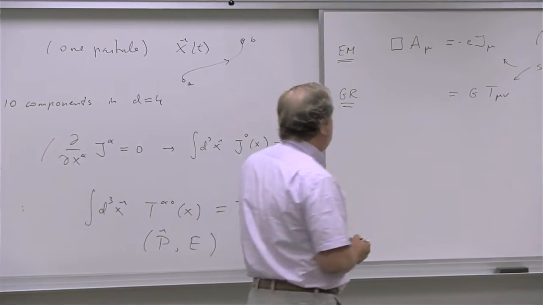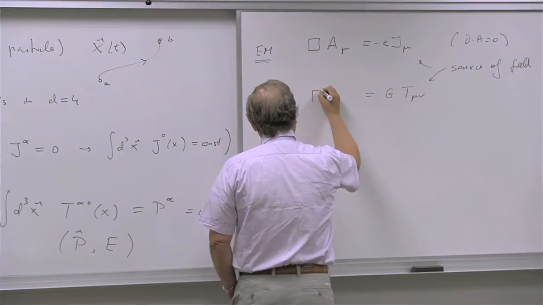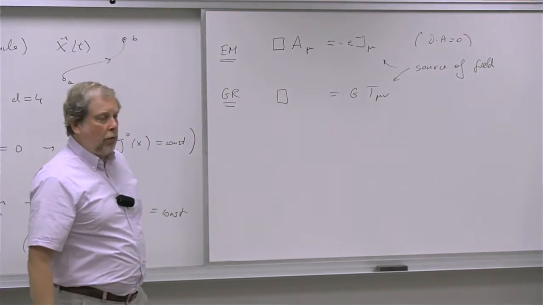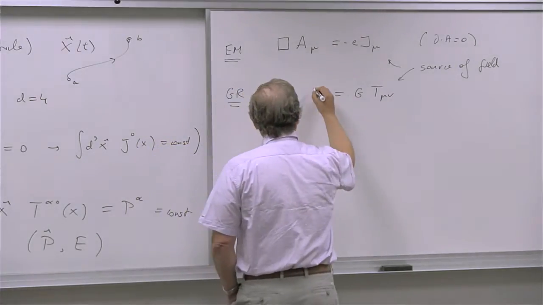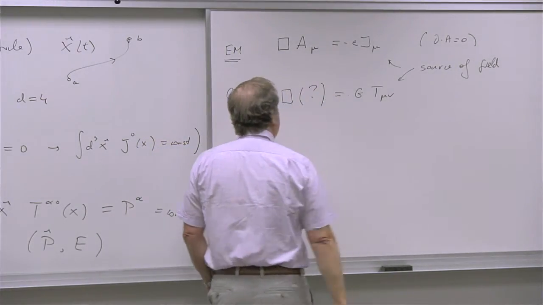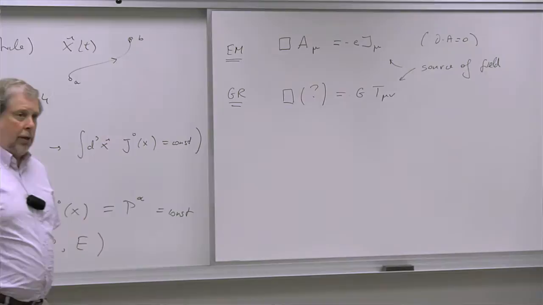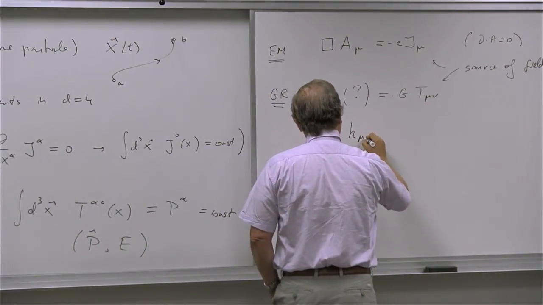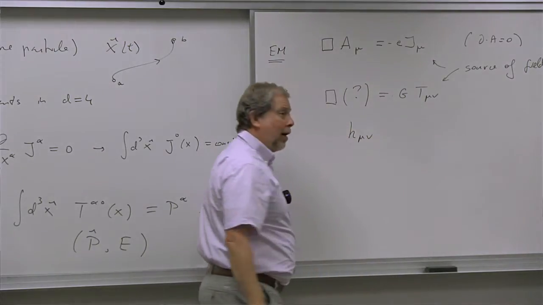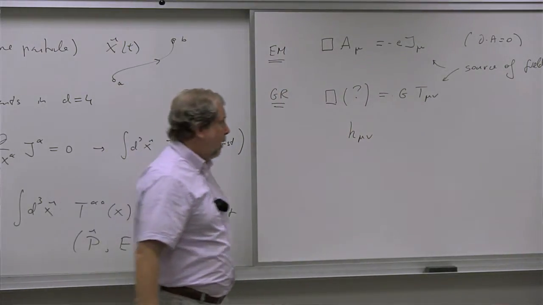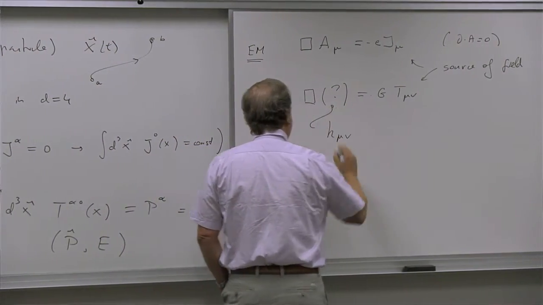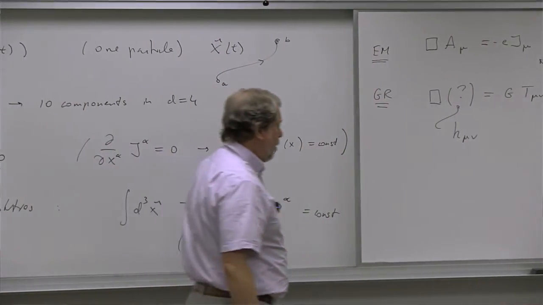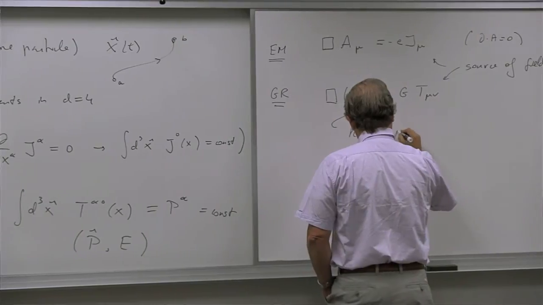So if you write the analog of that, right, then for some sort of wave equation, you would write box times some mystery object here is equal to T mu nu, right? And that mystery object has to have 10 components, right? That object, which we could call provisionally the gravitational field, has to have 10 components.